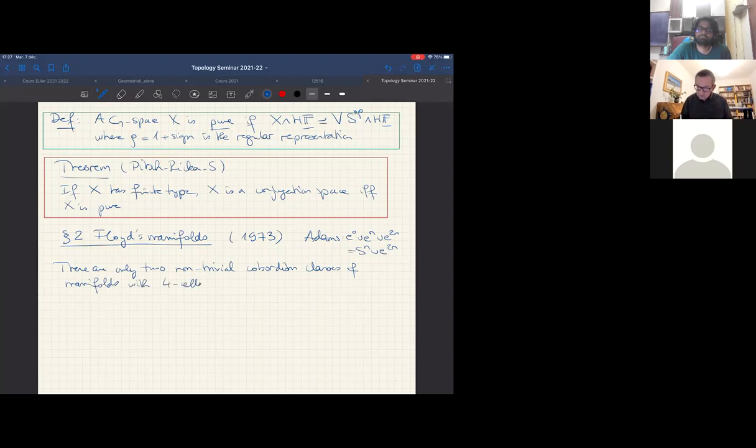I never know if it's 3 or 4, but counting the base point, then it's 4. And so they have the following form.